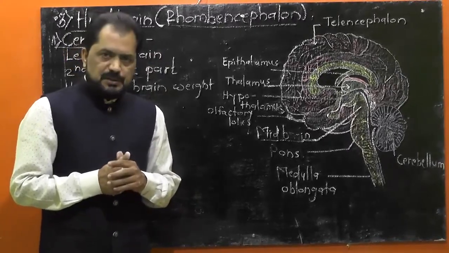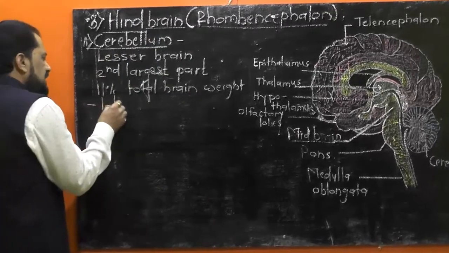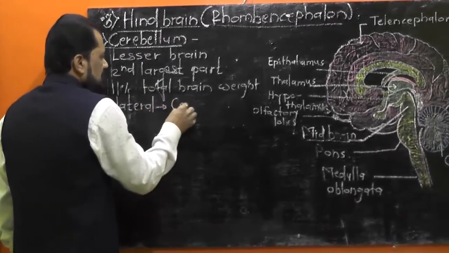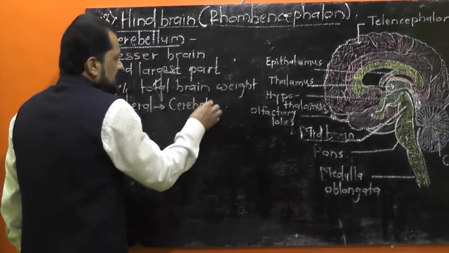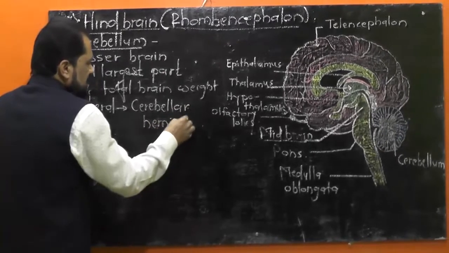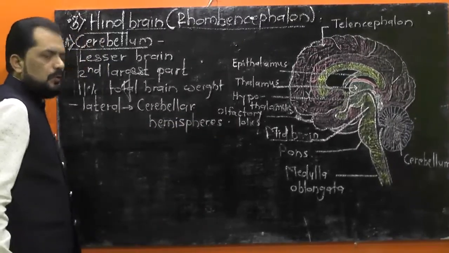सेरेबेलमचे 3 भाग होत असतात, such as 2 lateral cerebellar hemispheres. 2 lateral cerebellar hemispheres. Name itself indicates, hemispheres means half spheres, अर्धगोल.